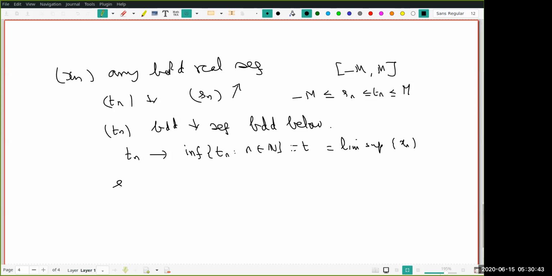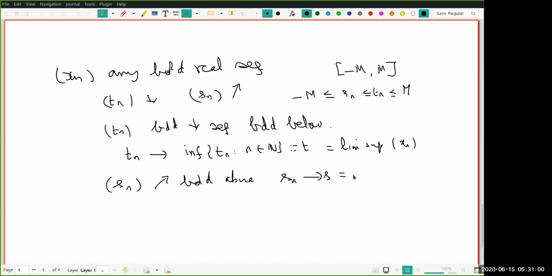Now, for a similar reason, let us look at Sn. This is an increasing sequence, bounded above by capital M. Therefore, I know again that Sn converges to some S. What is that S?